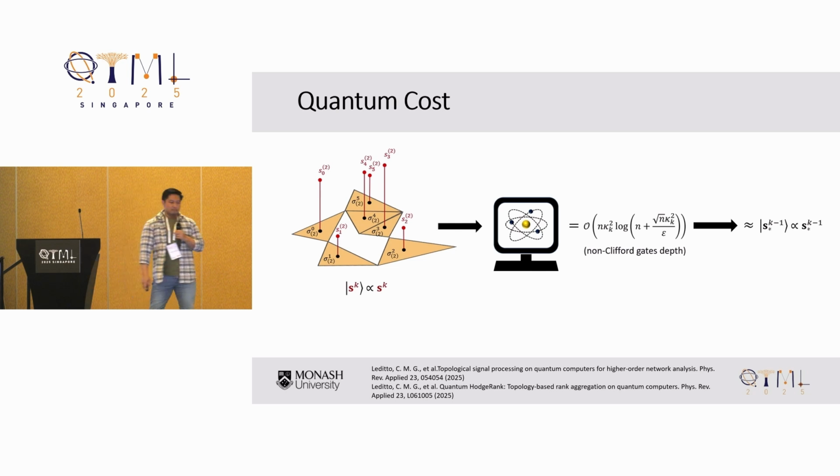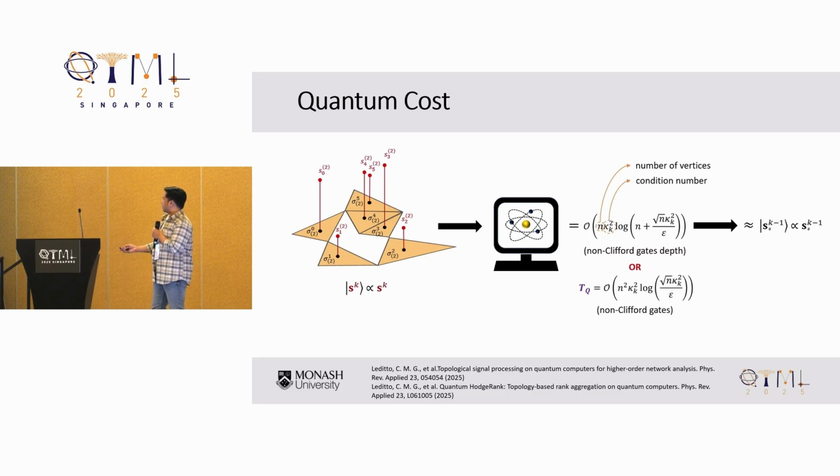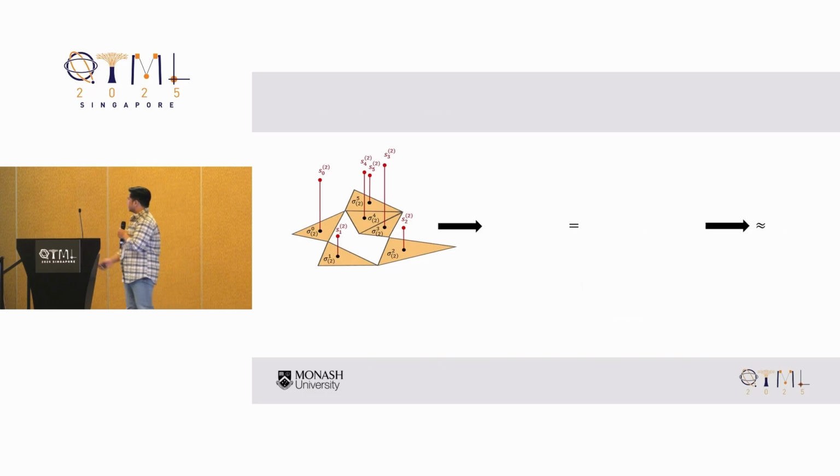Okay, the cost of implementing this projection on quantum computers scales quadratically in the number of vertices and quadratically in the condition number of the boundary matrix. So n is the number of vertices, kappa is the condition number, and epsilon is the precision.